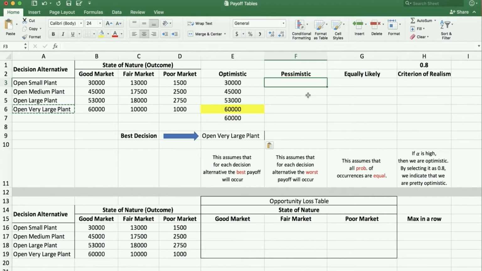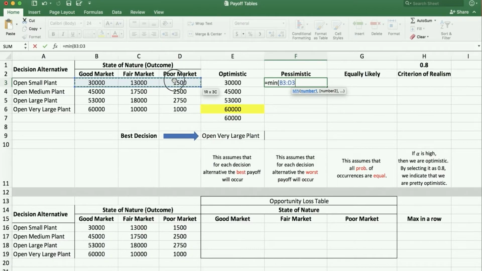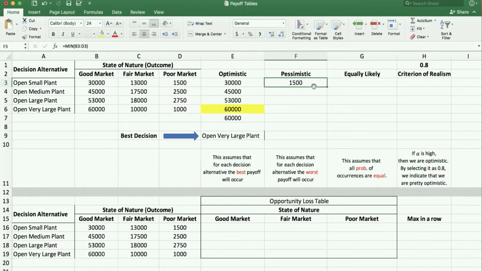The pessimistic approach starts by finding the minimum payoff for each decision alternative. So we are going to look at what is the worst amount of payoff we would make for each decision alternative. We use the min function and find the minimum of these 3 values, which is 1,500.